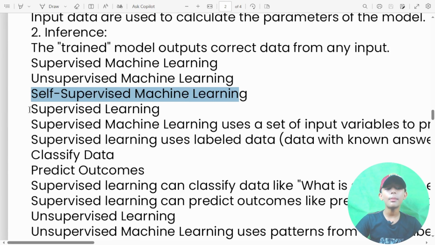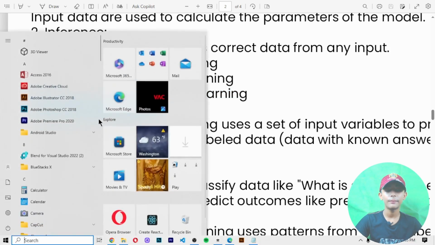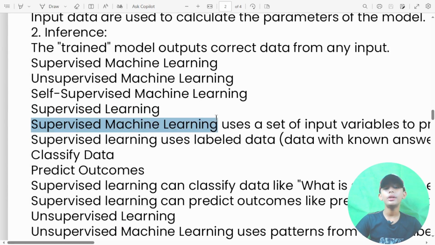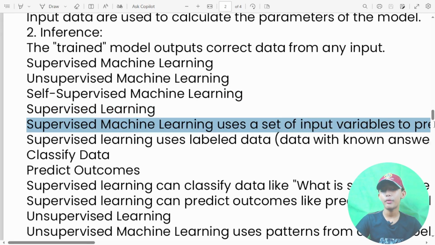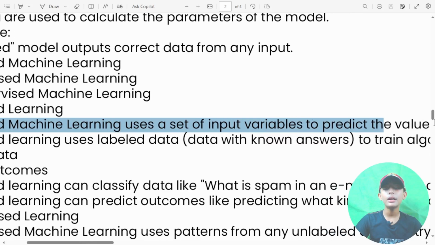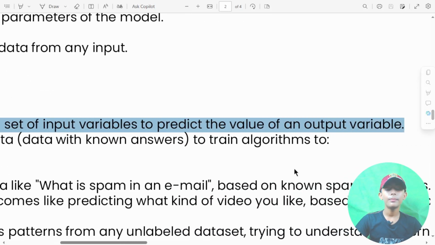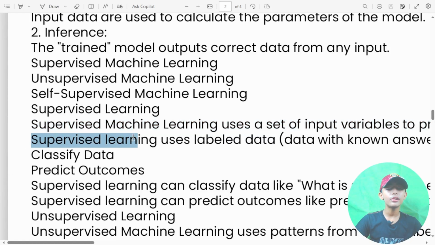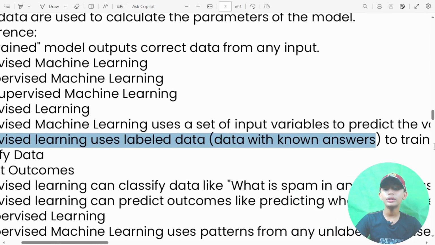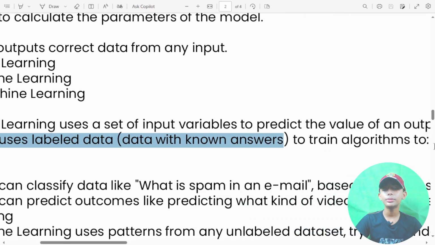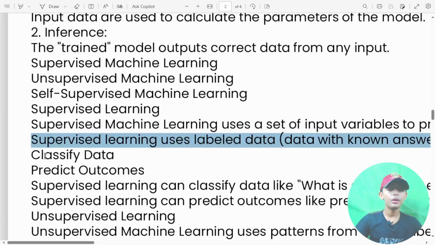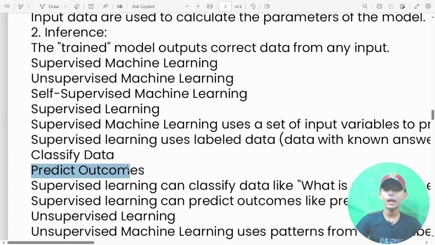Supervised machine learning, unsupervised machine learning, self-supervised machine learning. First of all, let's know what supervised learning is. Supervised machine learning uses a set of input variables to predict the value of an output variable. Supervised learning uses labeled data with answers to train algorithms to classify data and predict outcomes.